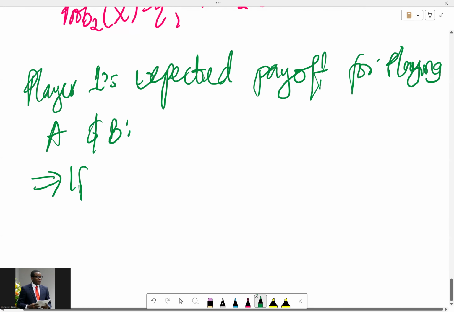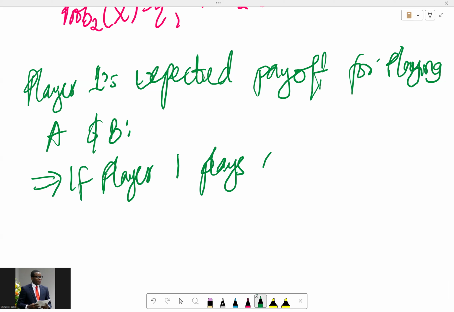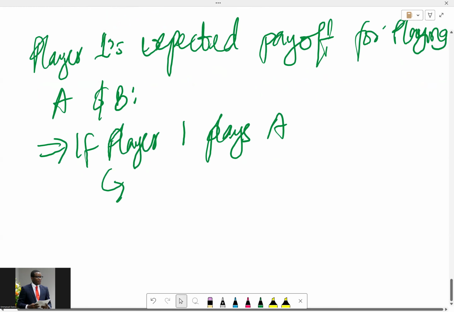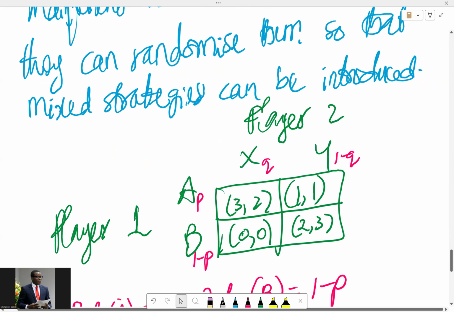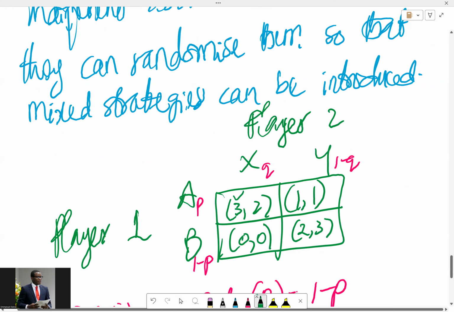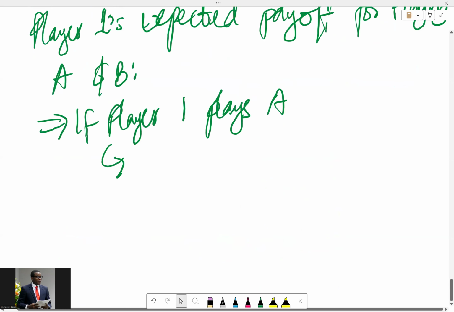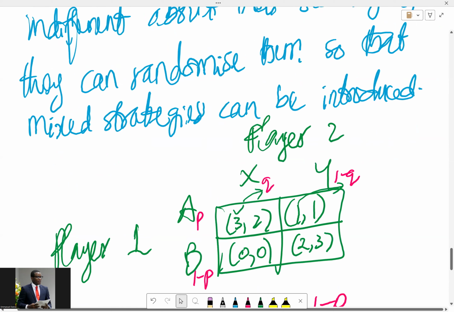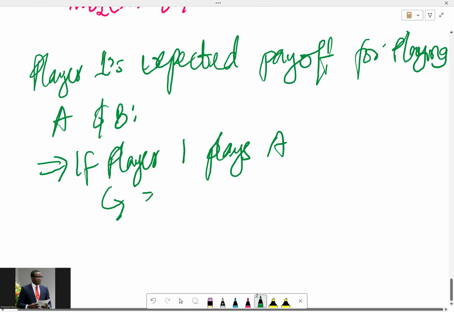First of all, if player 1 plays strategy A, we have 3 here multiplied by this Q, and they have 1 multiplied by 1 minus Q. So that will be the expected payoff. It's the payoff times the probability of getting that payoff based on the strategy they play. So that will be 3Q plus 1 into 1 minus Q.